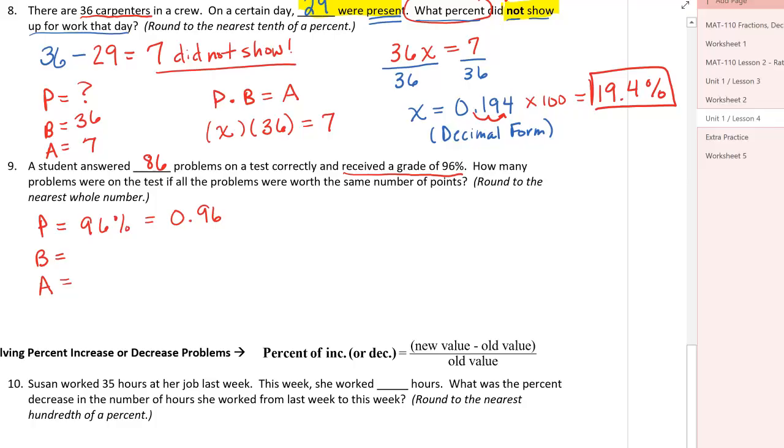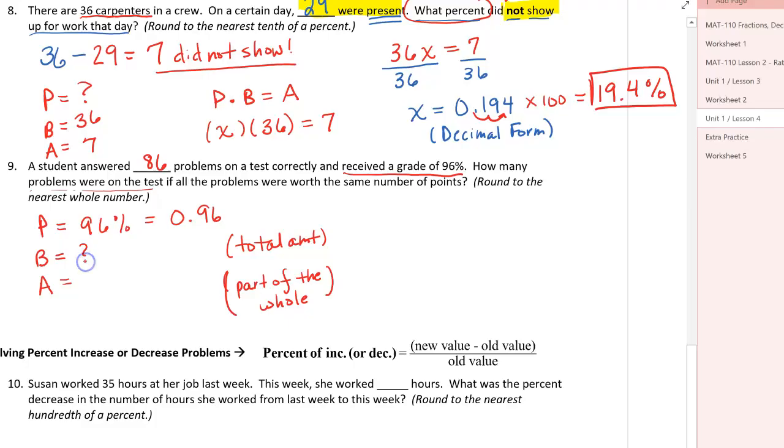Now remember, the base is the whole or the total amount. And the amount is the part of the whole. So what we're asked to find is how many problems were on the test. So that is the total number of problems.